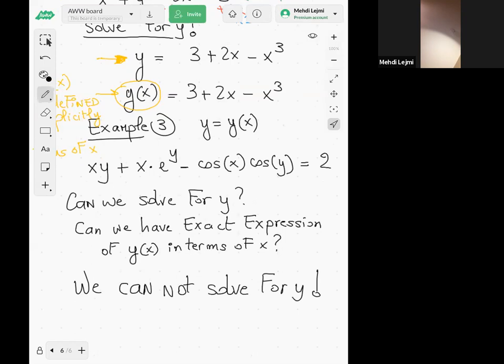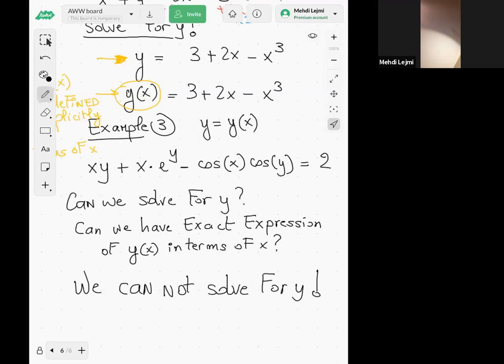Okay. So you see, sometimes you can solve for y and get the exact expression of y in terms of x, but sometimes it's just not possible. So when you have a relation between x and y, and you cannot really solve for y, we say that the function y is implicitly defined.